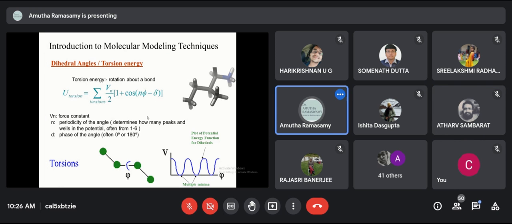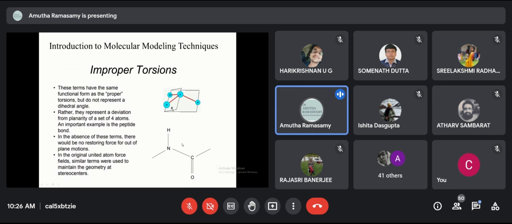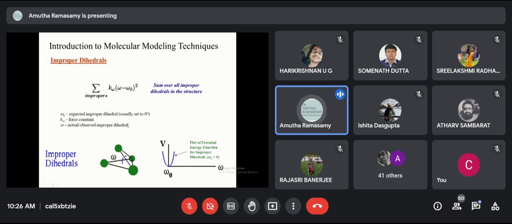Okay, fine. Then, now I told you the improper, no? See, this 1, 2, 3, 4 system, there's no direct connection, but you have 4 system interaction, correct? So this is also showing some angular thing, but we consider this as the improper torsion. There are also corrections for the improper.